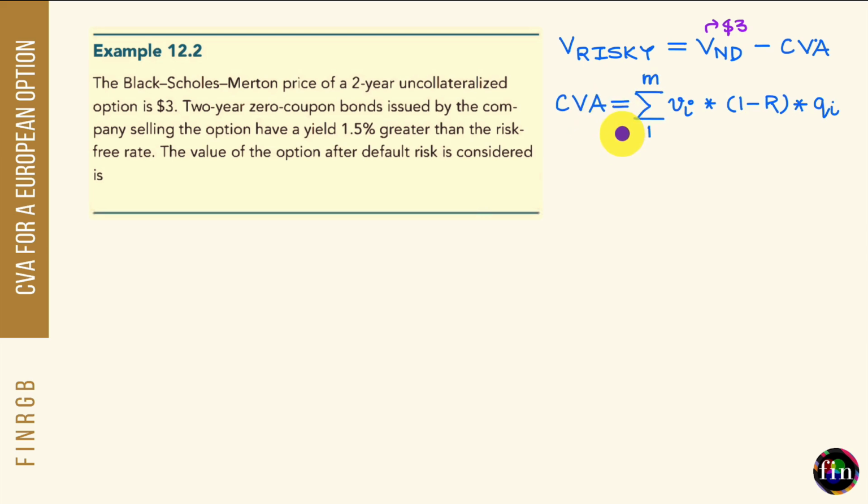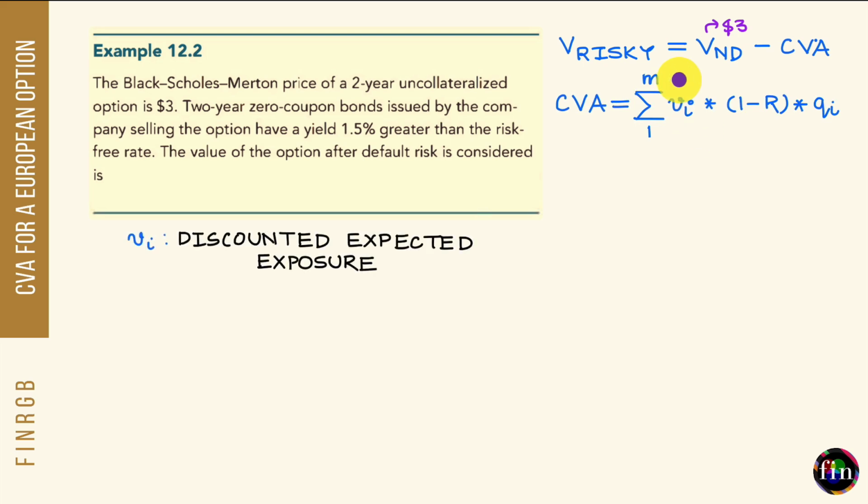Now, to calculate CVA, let's first and foremost focus on this important input, and this is V sub i. This input is essentially the discounted expected exposure for a given time slice.